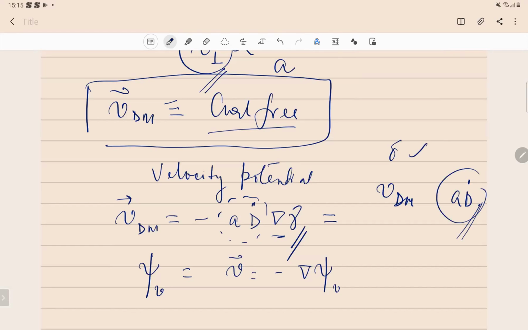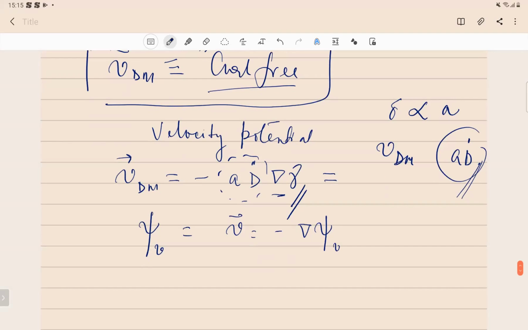Dark matter grows as A, but the velocity perturbations grow slower. D is proportional to A, and A goes as T to the power 2/3, so this will be T to some power less than 2/3. So the growing mode grows slower than the dark matter growth, which is crucial.